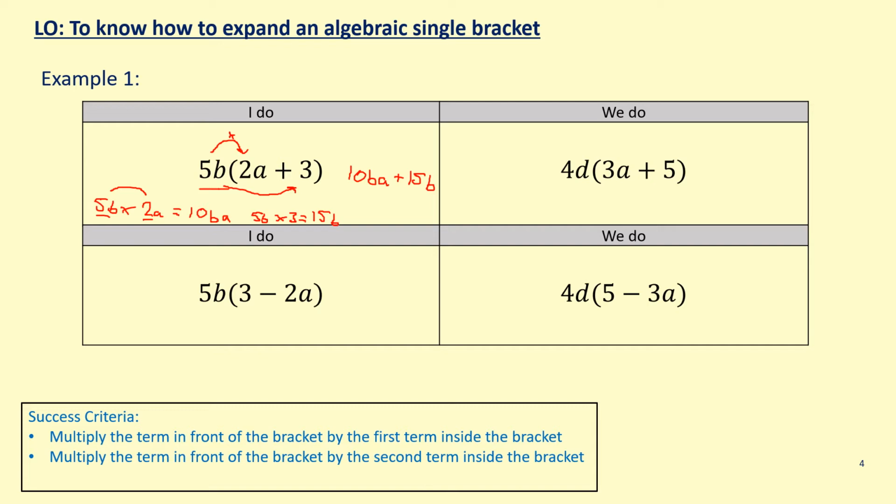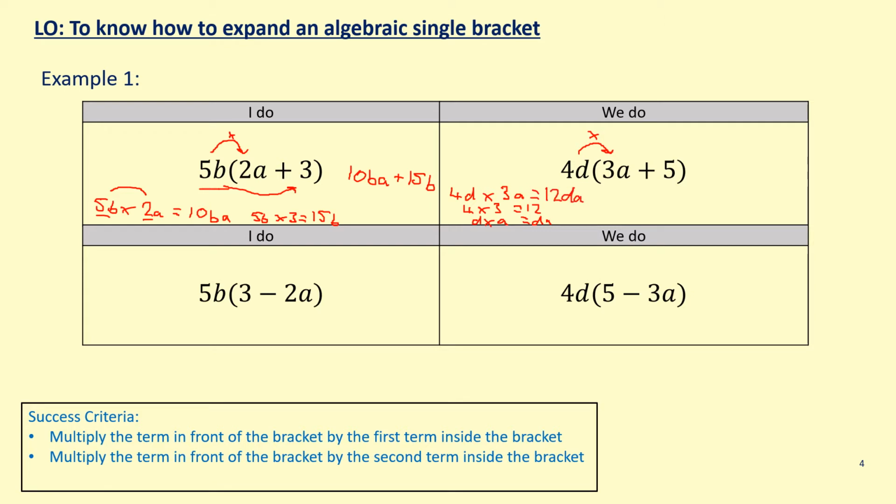So first up, we do 4d times 3a. That's the same as 4 times 3 and d times a. And we get 12 dA.